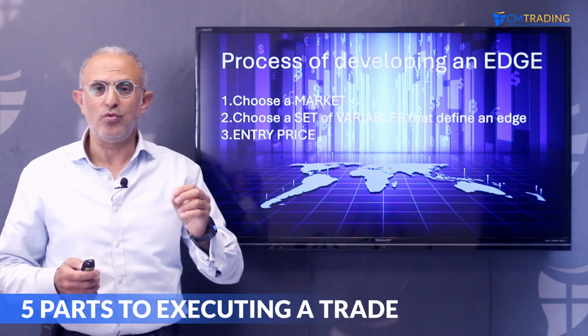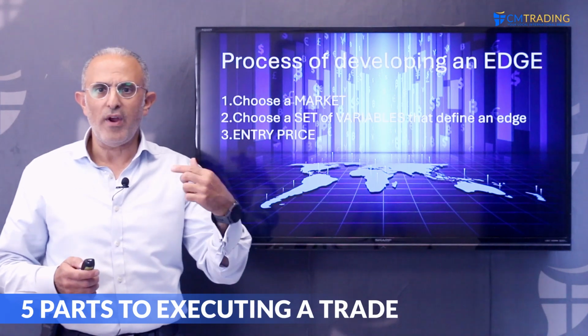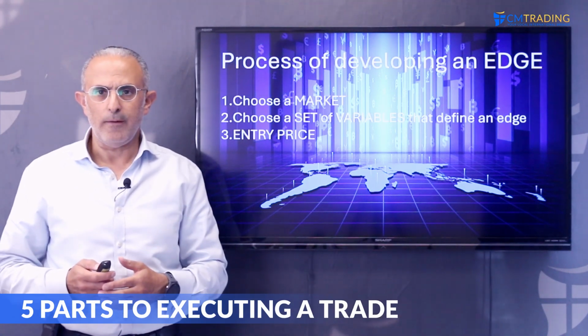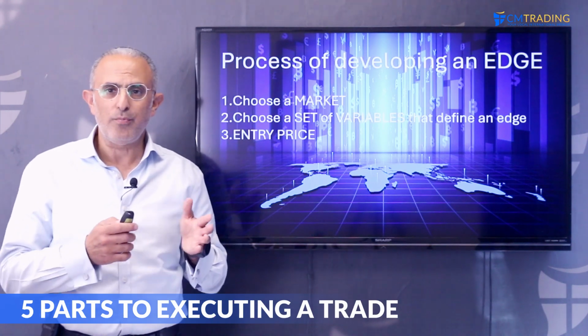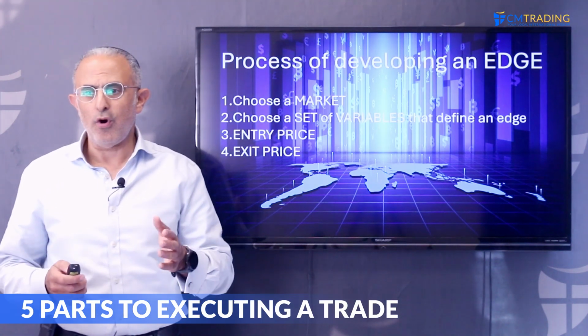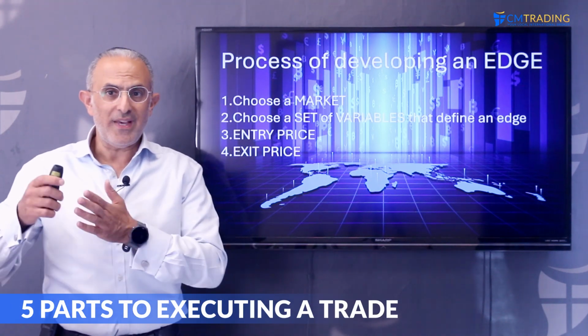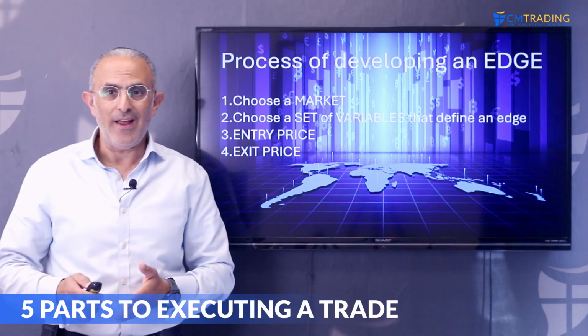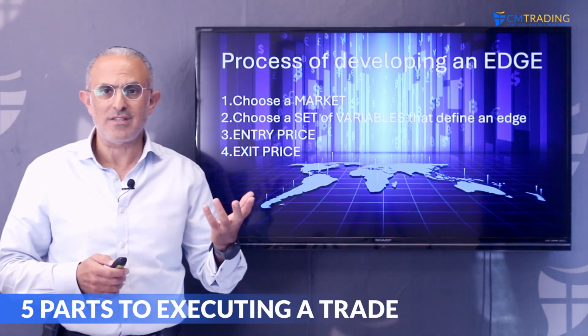You then need to choose an entry price, a price that's going to satisfy why you're entering that particular market. That price doesn't have to be perfect. It's not going to be perfect, and you have to pre-accept that. And number 4, you have to have an exit price, both for making the profit or not, because sometimes, like I said before, you're in an inconsistent environment.